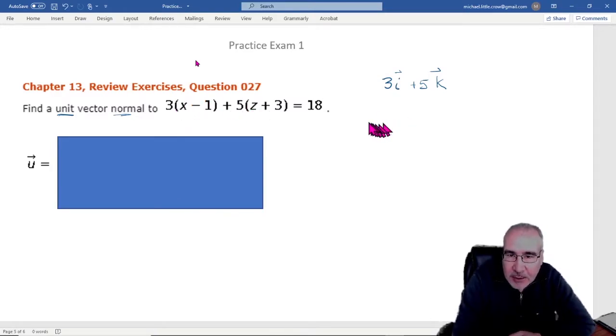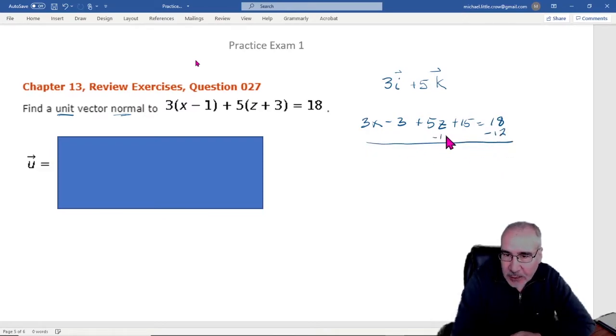So we distribute the 3. We get 3x minus 3. And we distribute the 5: plus 5z plus 15 equals 18. And then notice the two numbers will combine into, let's see, positive 12. So then you'll subtract 12 from both sides.